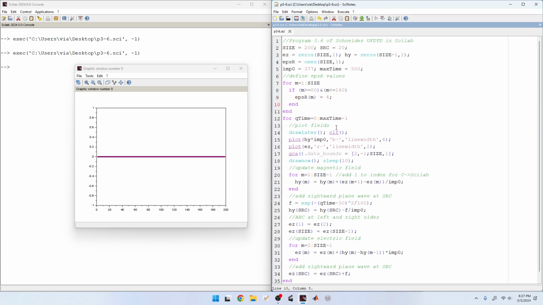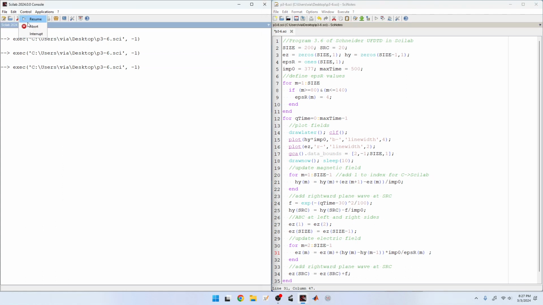Okay. All right. Now, we have to update our Ez update equation. We've got to divide by eps relative[m]. So let's see what this does. So we generate a plane wave. Okay, let's change the scaling on this so we can see better what's going on. So the vertical scaling, we'll change that.